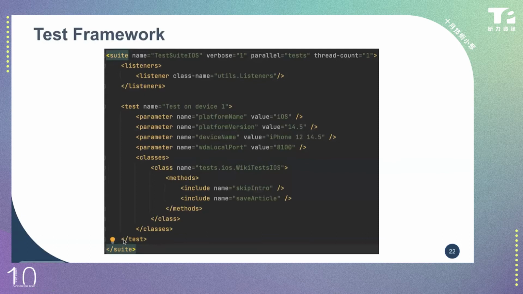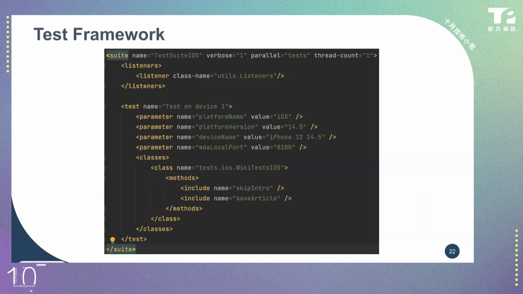So we see here we have one test defined, and we provide some parameters with it, which means we will use these parameters for the setup of our test driver. We can see later on how our test driver can read these parameters and then set up the driver with it. We can also specify the classes that we want to execute and the methods, the actual test methods that we want to execute in our test.